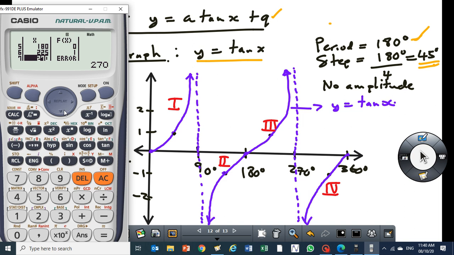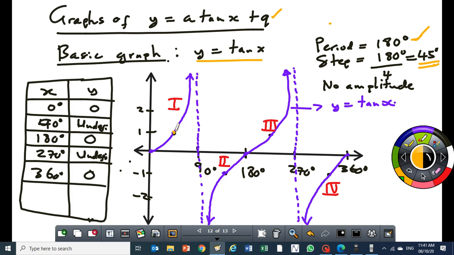Now when you do that, you go back to your calculator, you start plotting all those points. So when x is equal to 45 degrees, y is going to be 1, which is this point. It's a very important point because it appears on the calculator because tan 45 is 1. Then another critical point is going to be 135 degrees.